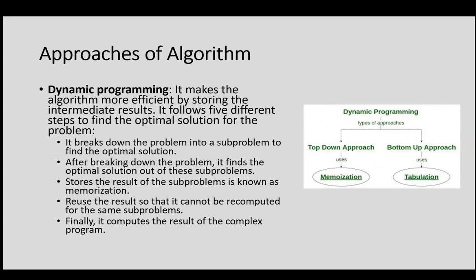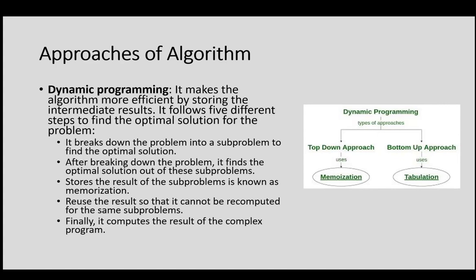We have a few more approaches of algorithms that we will be discussing in the next class. In today's class we have learned what an algorithm is, the need for algorithms, and the characteristics of an algorithm. Then we saw the data flow of an algorithm: first there is a problem, then you build an algorithm, then input is taken, then the processing unit, and then output.